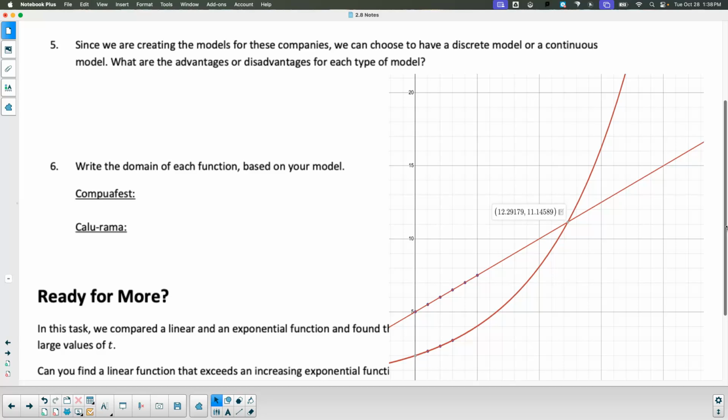Because we can have half a year and we can have half a dollar. They're making money the entire year. I would agree. You can see how much money it'll be halfway through the year. Exactly.